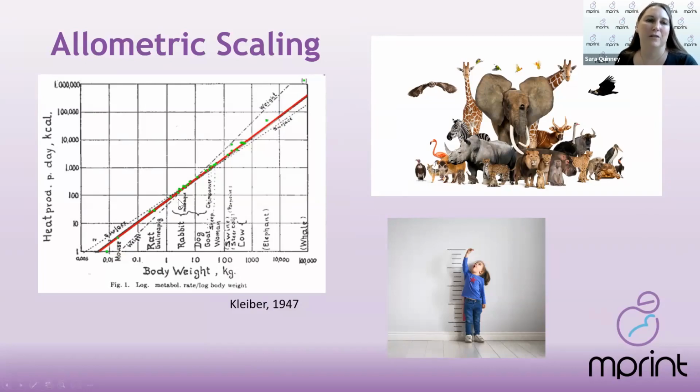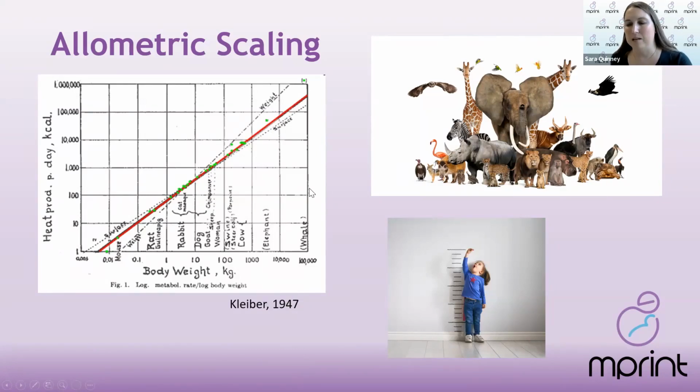The clearance of a drug and volume are correlated with the body weight. And this is based on the heat production or the metabolic rate in a variety of animals, from very small single cell organisms up to large elephants and whales, and finding that they're all in a log linear relationship.